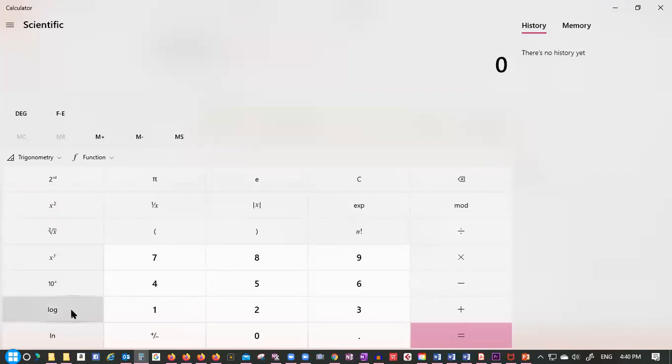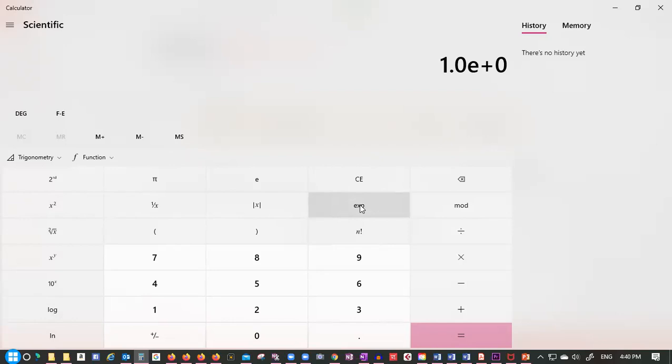The definition of pH is negative log of concentration of hydrogen ions. So let's say we have 1.0 times 10 to the negative 7, right?